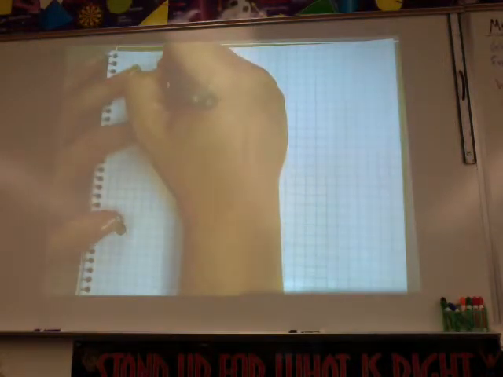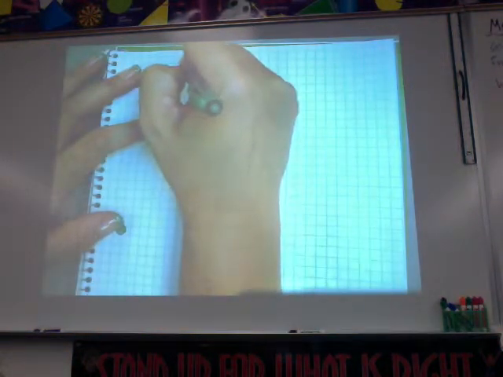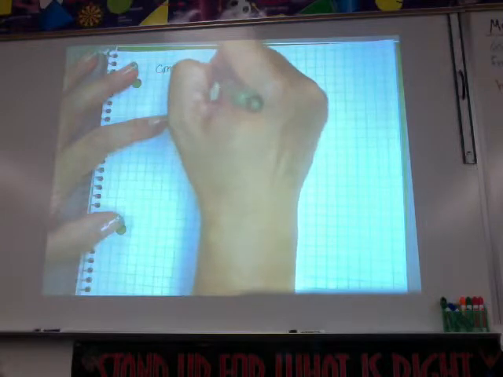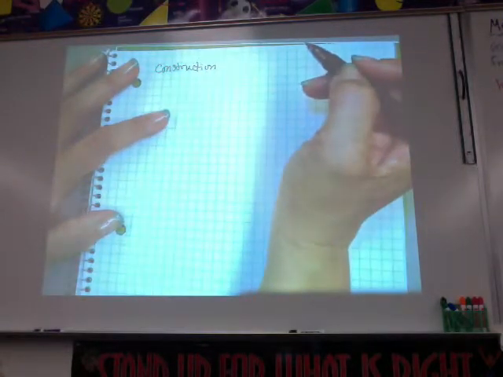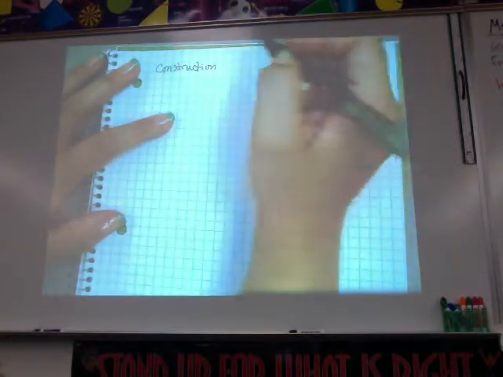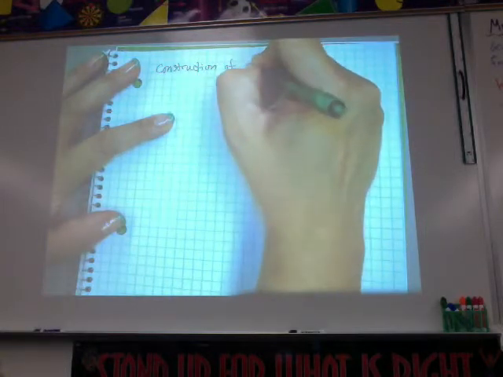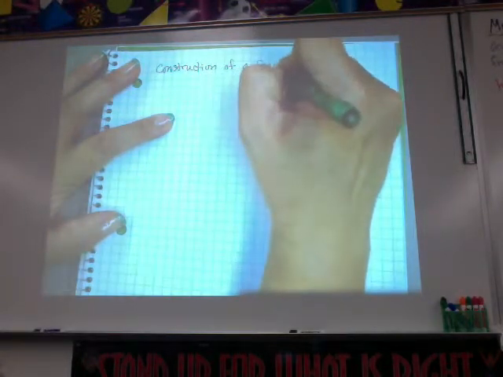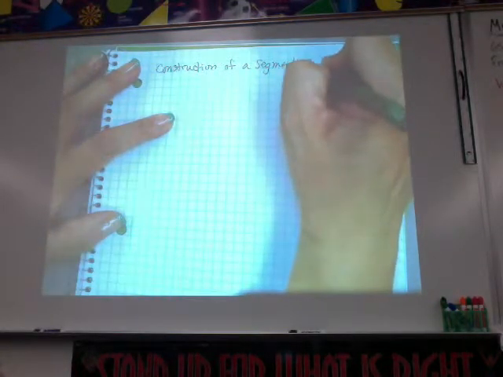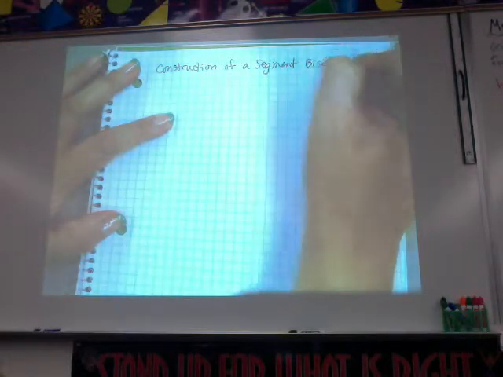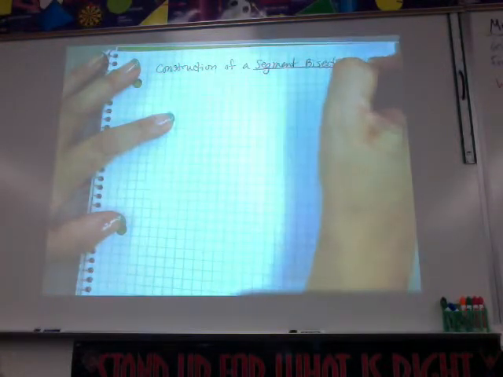So we are going to construct a segment bisector. Sorry, I'm using my green pen, but my black ran out. I could put two constructions together.